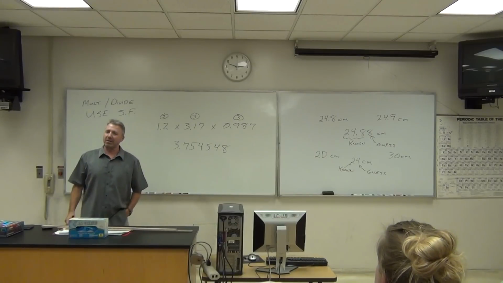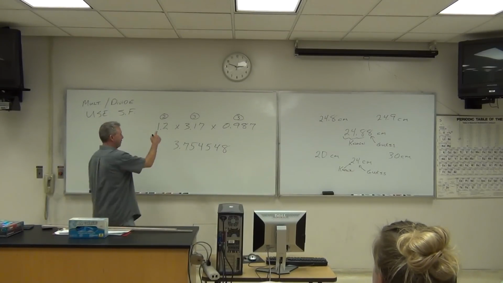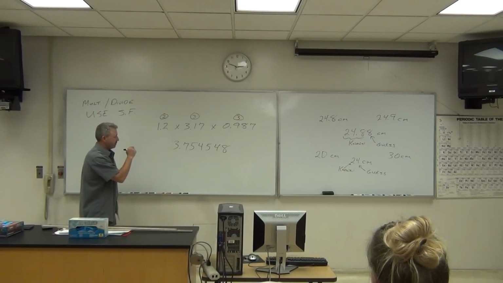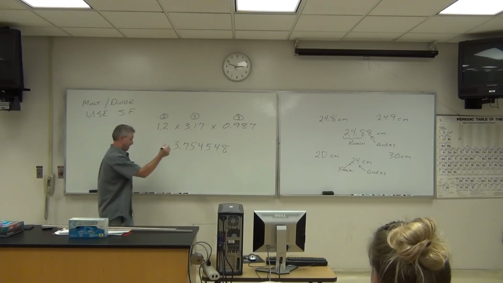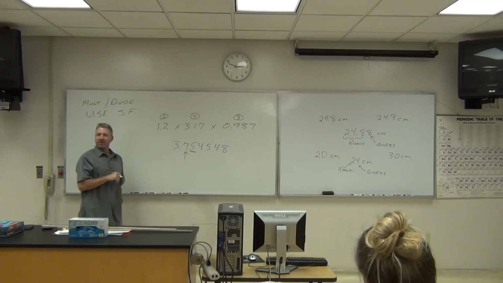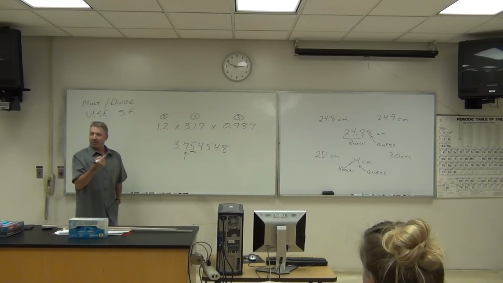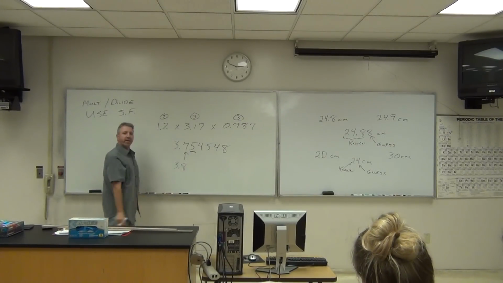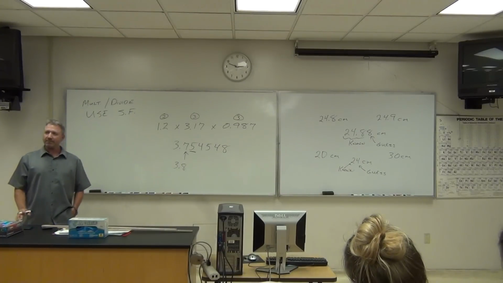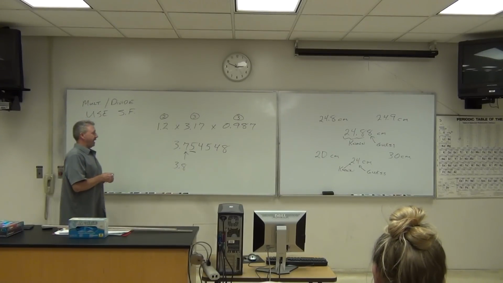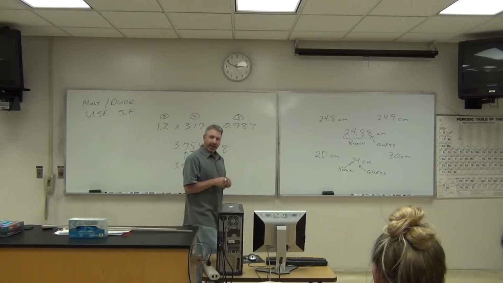What's the lowest number? 2. We have to round this to the second significant digit, which is, what's the second digit? 7 is the second digit. What's next door? 5, which means we round up. 3.8. We would have to report this answer as 3.8.